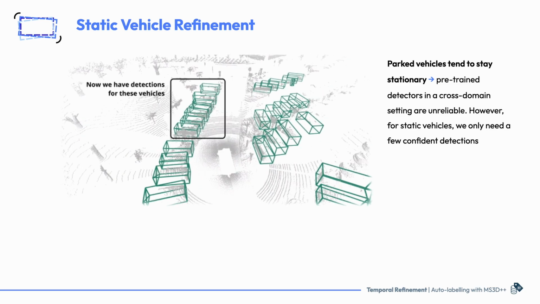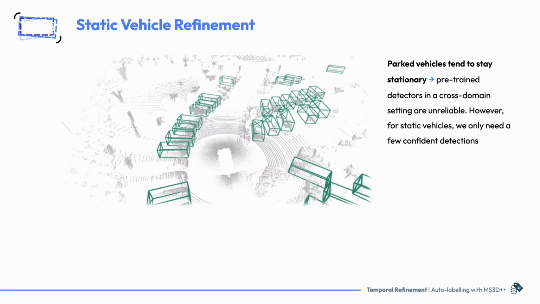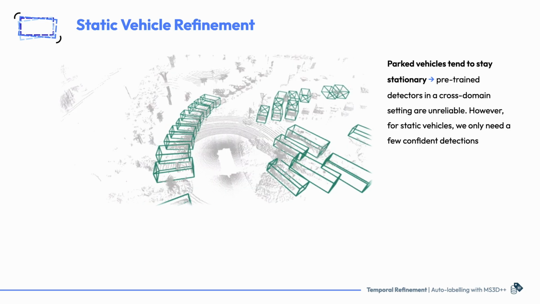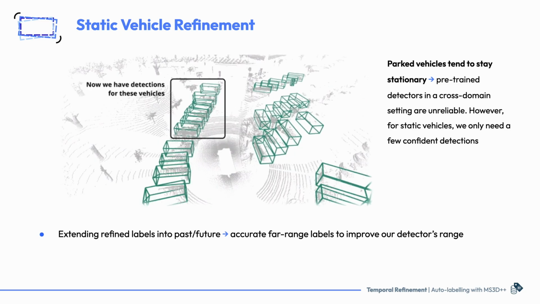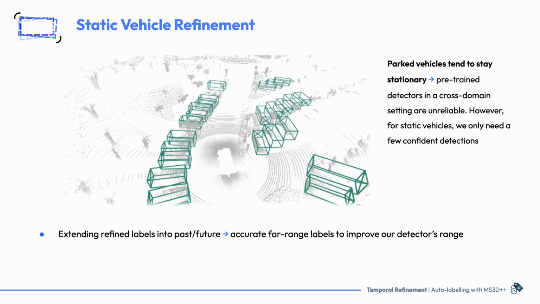As you have different perspectives, you can detect the vehicle at certain times, whereas at other times you couldn't. So for static vehicles, because they tend to remain stationary, we can use a few confident detections to propagate them into the past and into the future. And this allows us to get good far-range labels that can improve our detector's range.